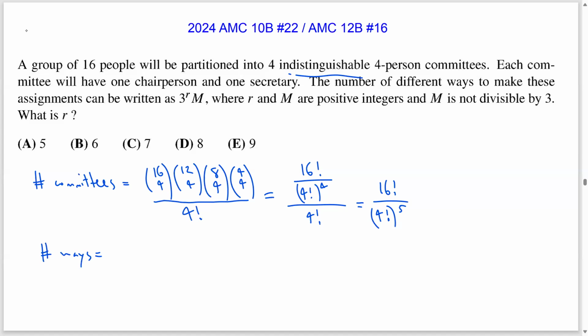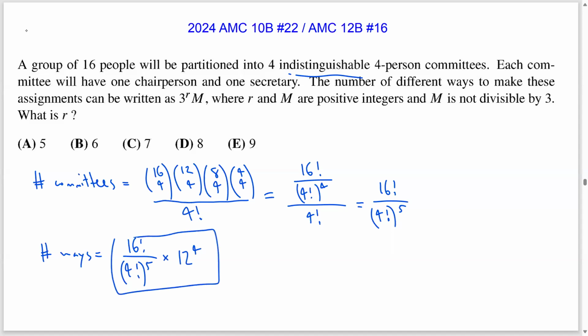So we need to take the number of ways to form the committees and then multiply our answer by 12 to the 4th. Because for every committee there are 12 ways to choose a chairperson and a secretary, and there are 4 committees.